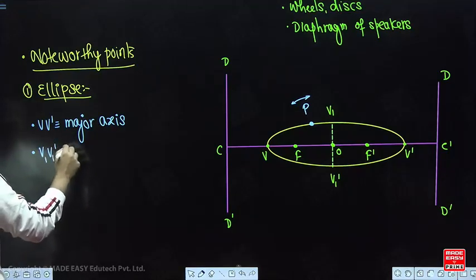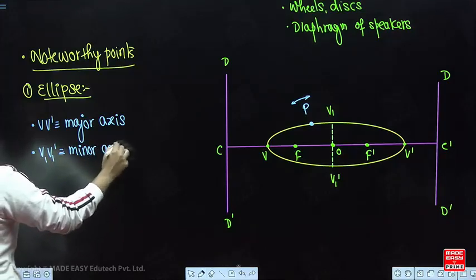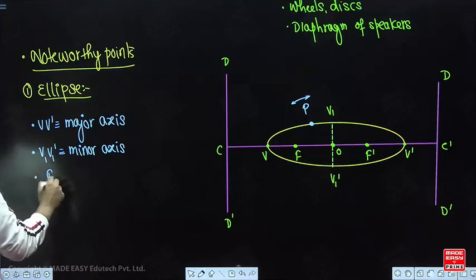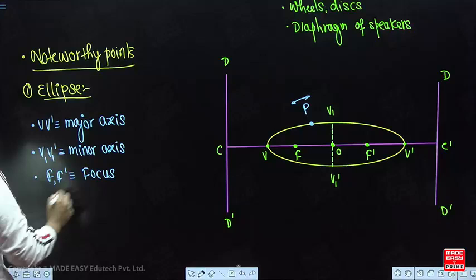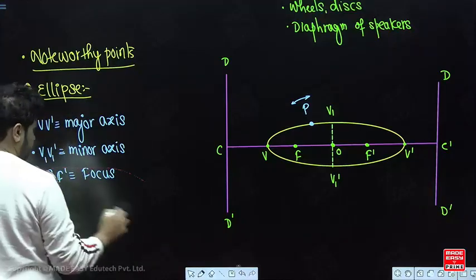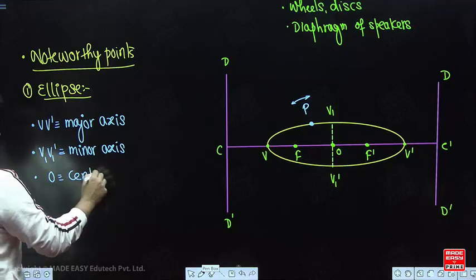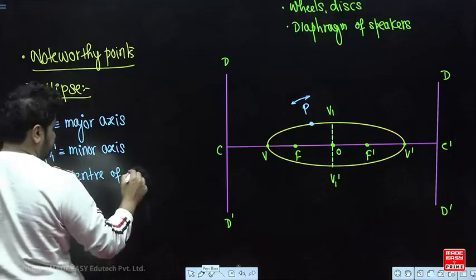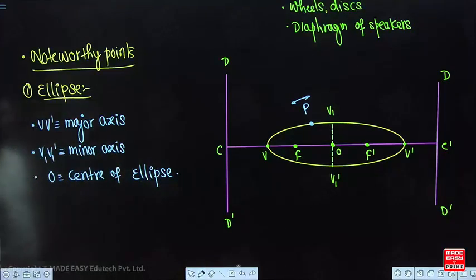V1 V1 dash is called the minor axis, correct? F and F dash are basically your foci. We know focus, so we don't have to write it. O is the center of the ellipse. Correct? This point is moving.